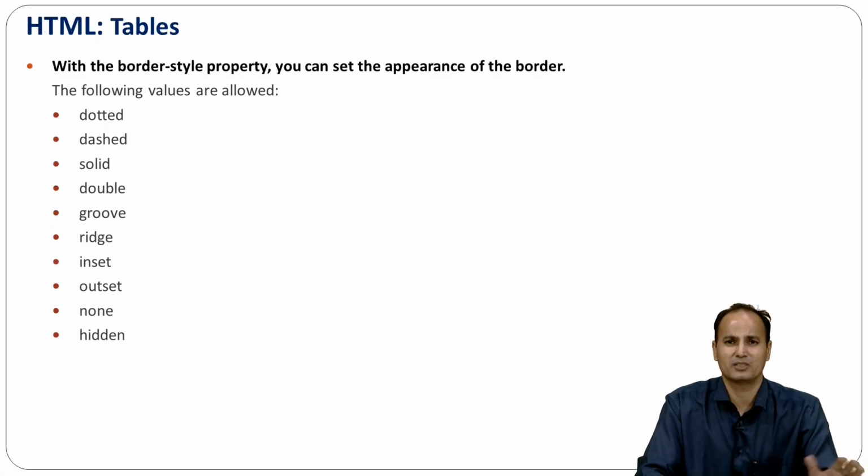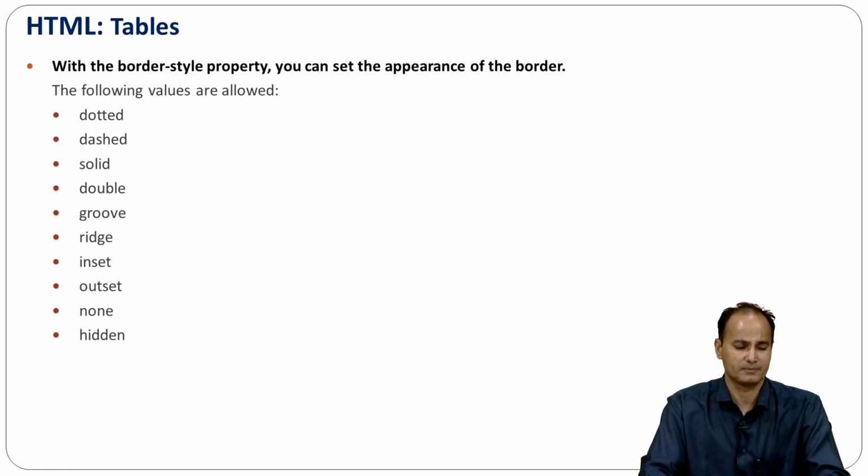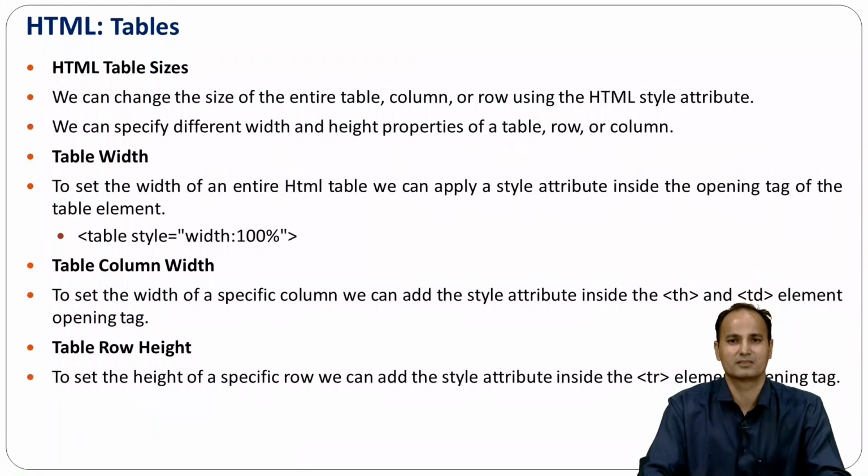So try to check it in an alternate browser. It may be visible in one browser and not in another. So these are various border style properties that we can apply on our HTML tables.